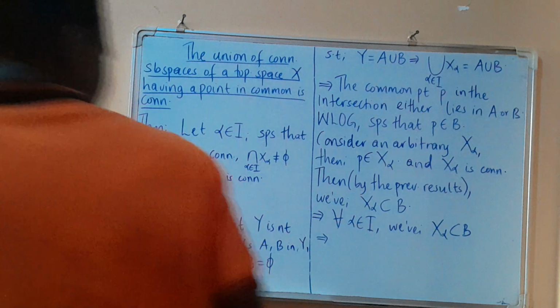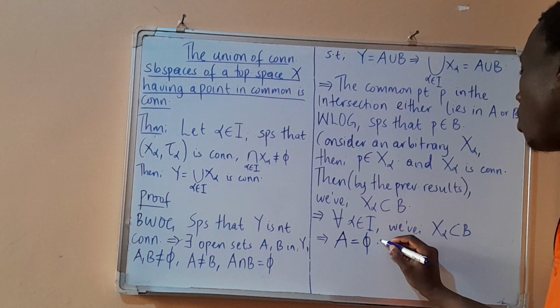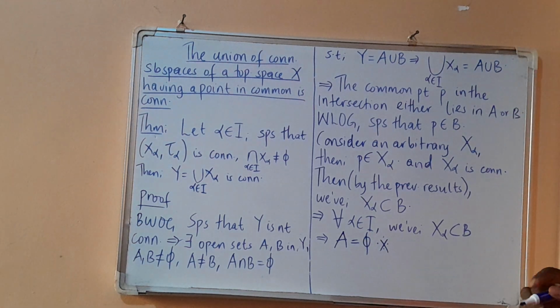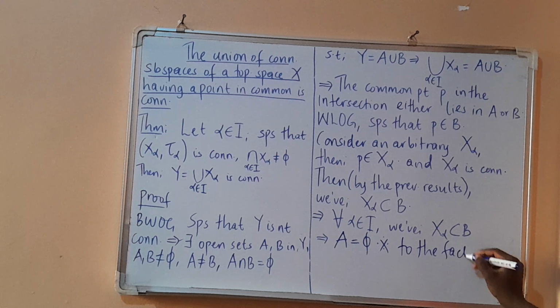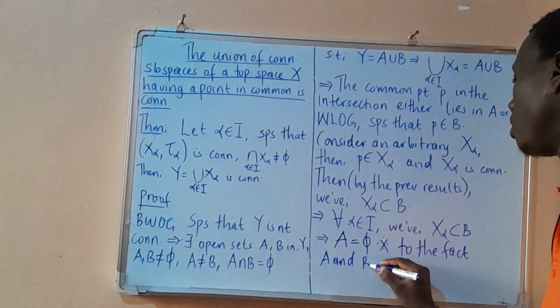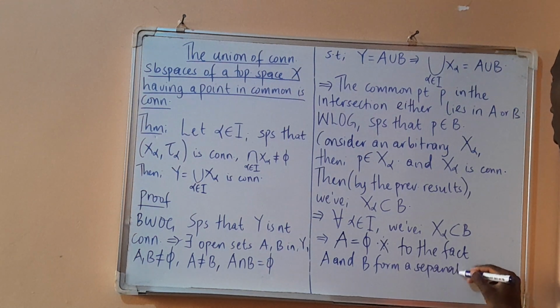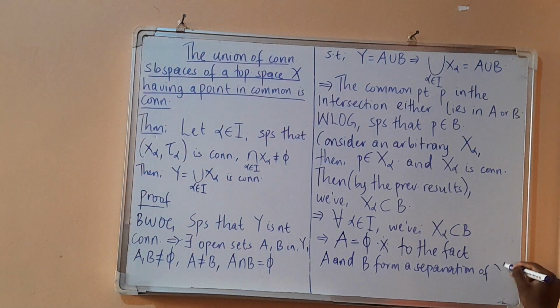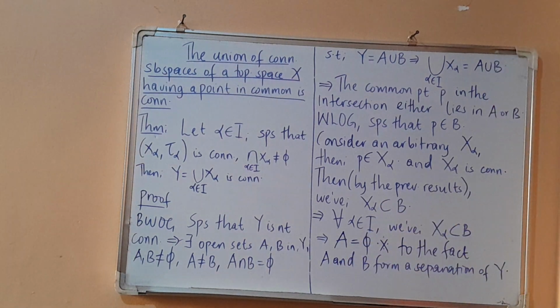So what does that imply? This implies that A is an empty set. This is a contradiction to the fact that A and B form a separation of Y. Since they form a separation of Y, both of them shouldn't be empty sets.